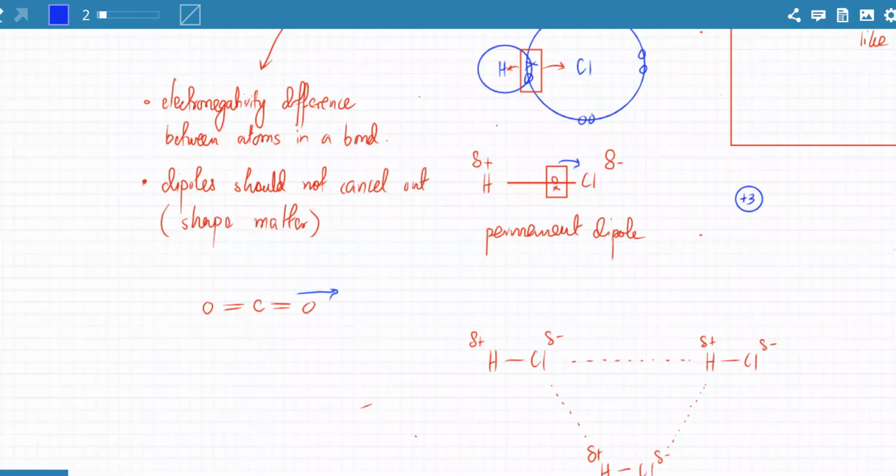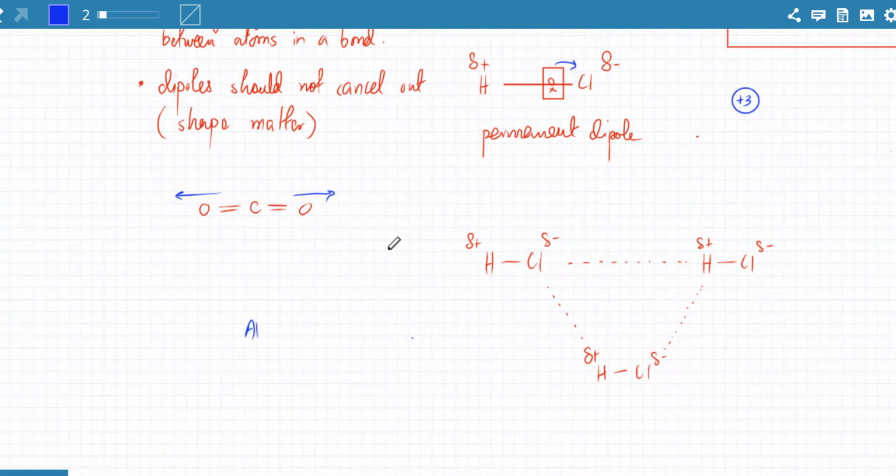So dipoles really matter. Remember, sometimes the dipoles cancel out. You can have other molecules like AlCl3 that's fan shaped, and again, Cl is more electronegative.